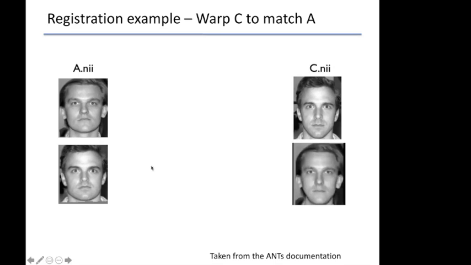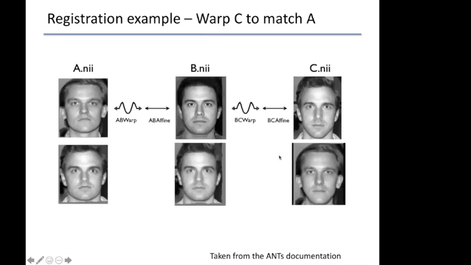Same thing goes if you apply the inverse transform from image A, so that you have image A looking a lot more like image C, as you can see here. Or you can pass these through an intermediary image B in order to concatenate transforms so that you can maybe improve the type of registration that you do, which is a strategy we use in the MagicBrain pipeline in my lab.